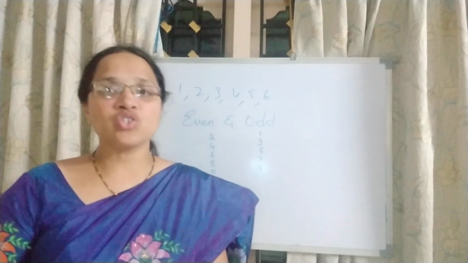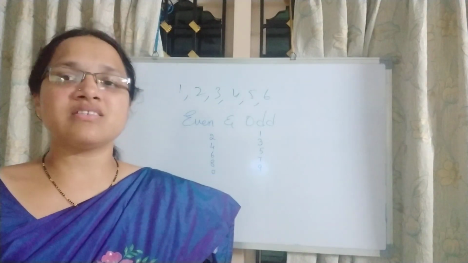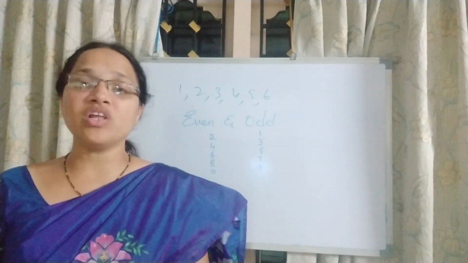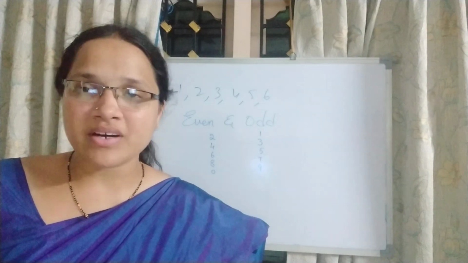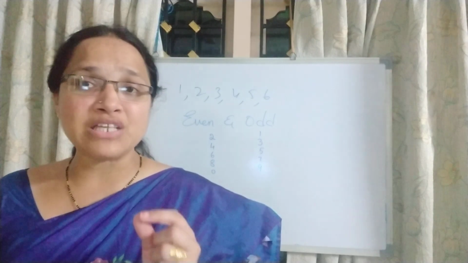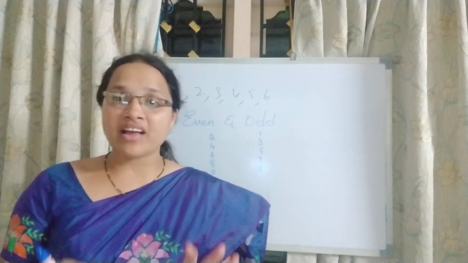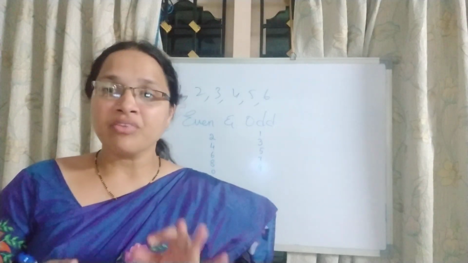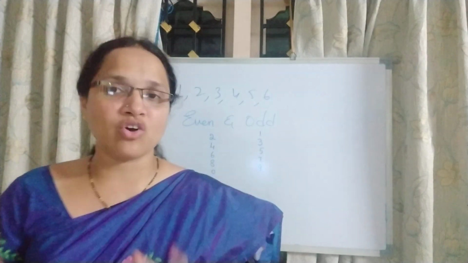So after this segregation of even and odd, slowly we entered into prime numbers and composite numbers, and that is the real basic of factors, children. Factors, multiples and all. Prime numbers are the real basic of that.